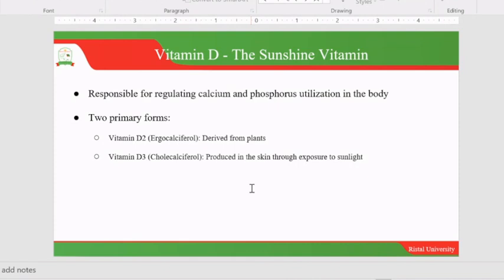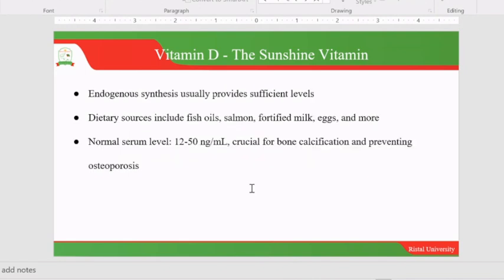But the two primary forms are vitamin D2, ergocalciferol, which is plant-based or derived from plants, and vitamin D3, cholecalciferol, which is produced by the skin through exposure to sunlight. That is why we say sunlight is, let's call it, a cofactor that is essential for you to produce vitamin D.